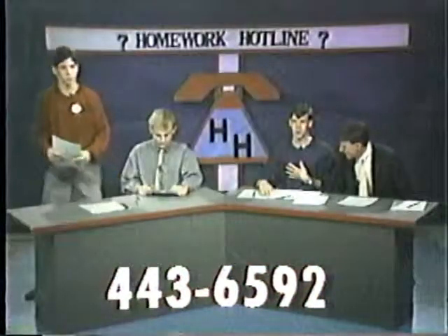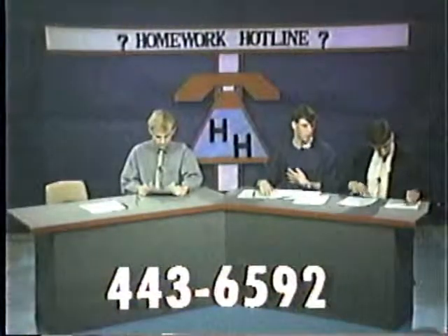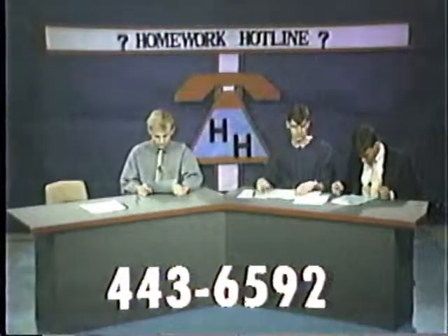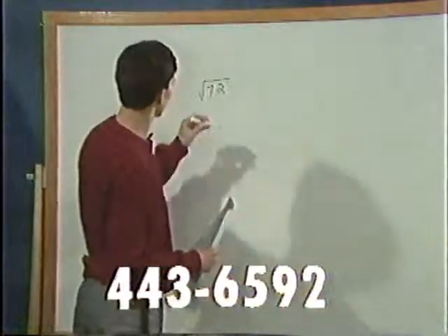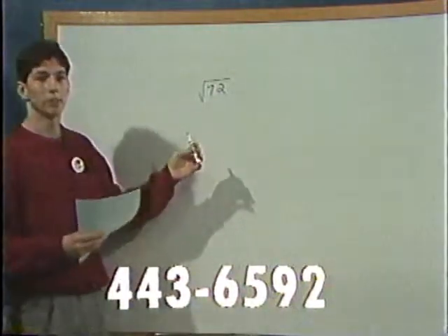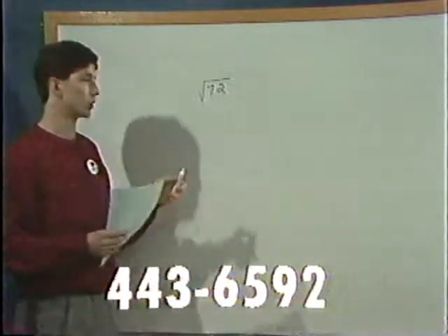My next problem comes from Christy. It's a math problem. She asks to simplify radical 72. I'll go to the board to do this. The square root of 72 is best divided up into 2 separate square roots.